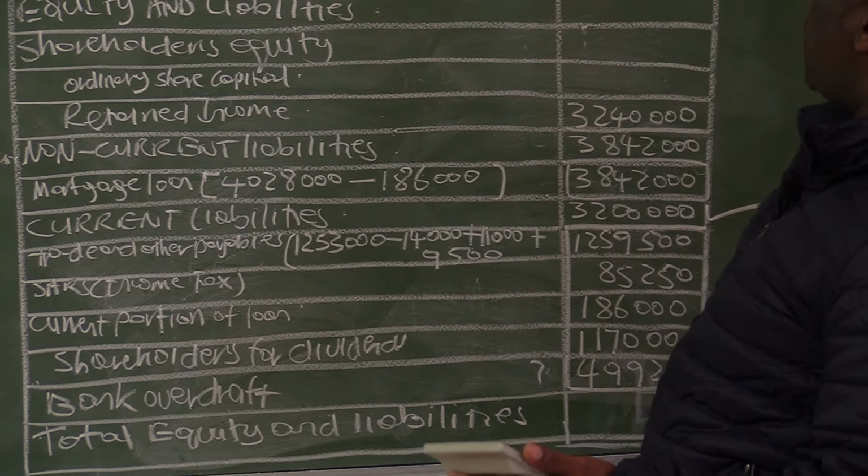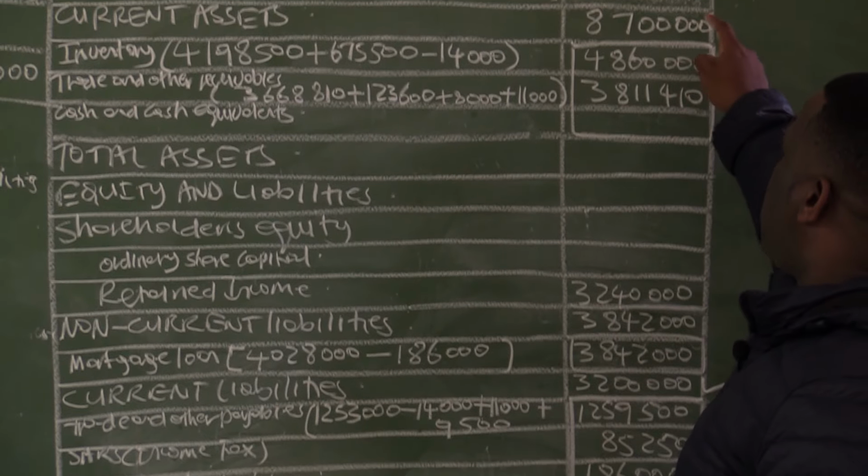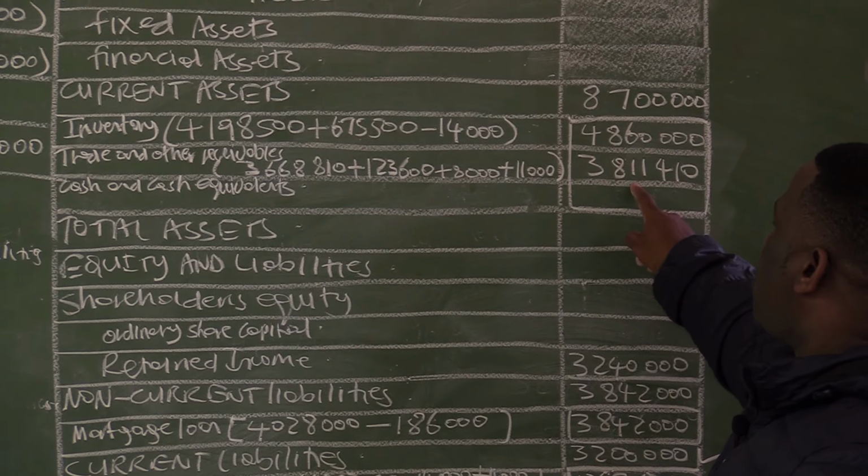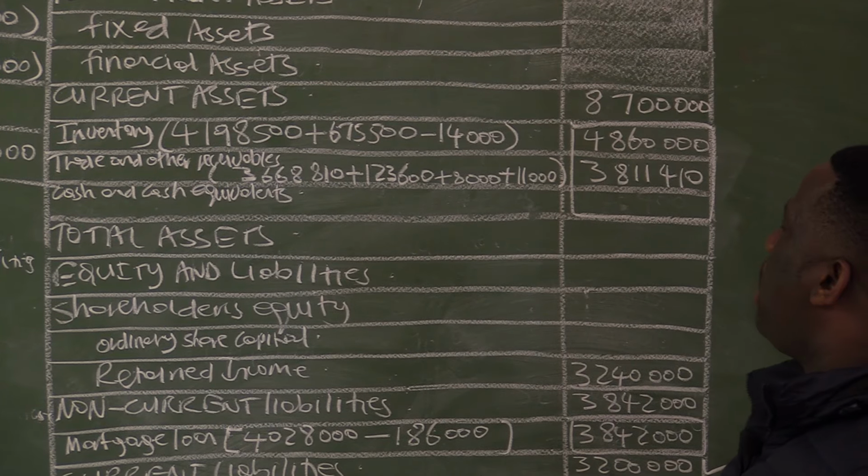Same thing applies with the current assets. We do have the total of 8,700,000. Two amounts are here, and there is only one amount that is missing.